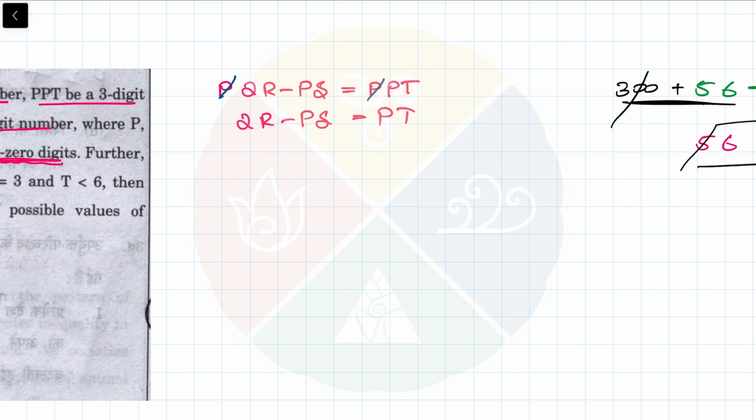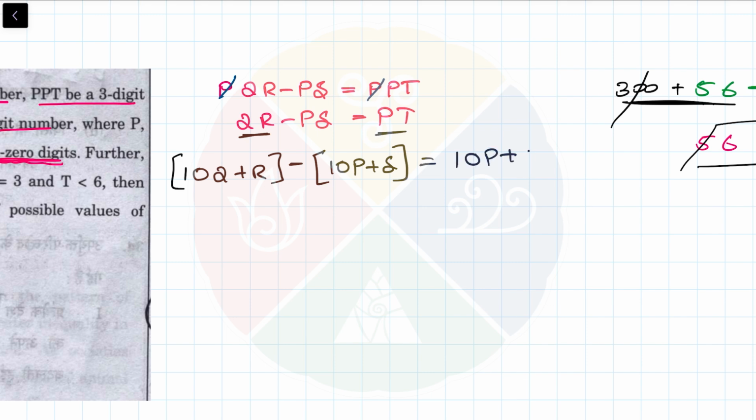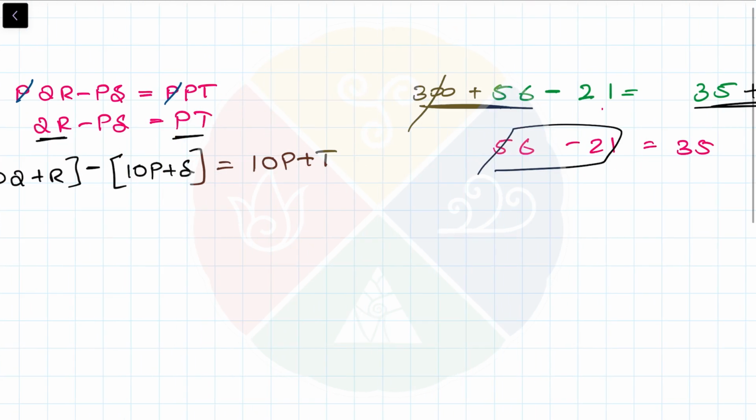Now I can expand. See, QR, that is 10Q plus R, minus PS, will become 10P plus S, equal to PT, which will be 10P plus T. This is the place value expansion.